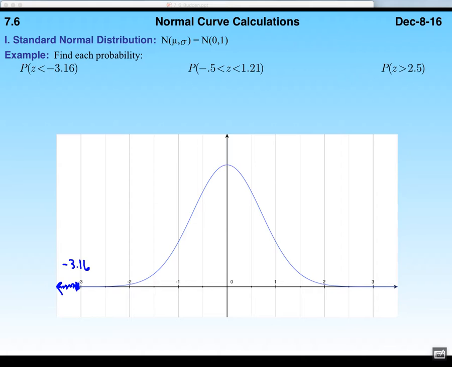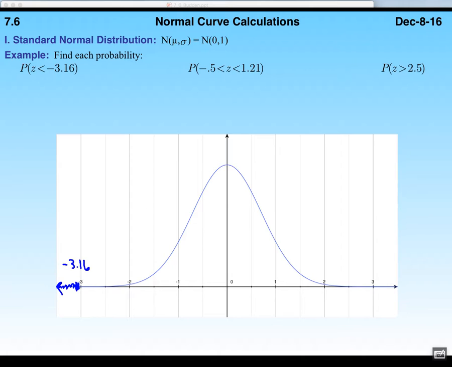There's 2 different ways to calculate this probability. The first way is using a table. So that's why I gave you these green tables today. If you go to table A, it's the first table. It's this one right here. It says standard normal probabilities. This table always shows you the probability below a specific z value.